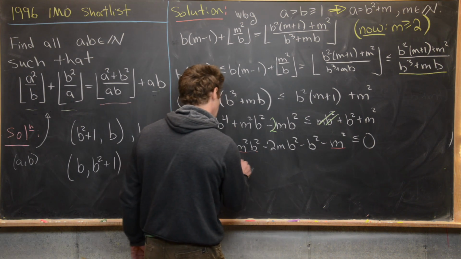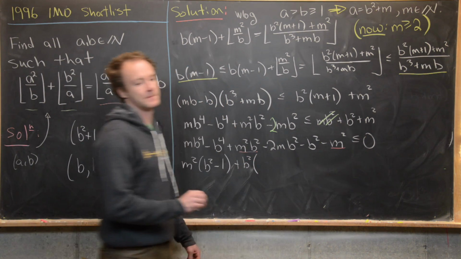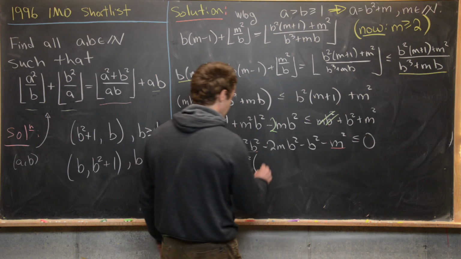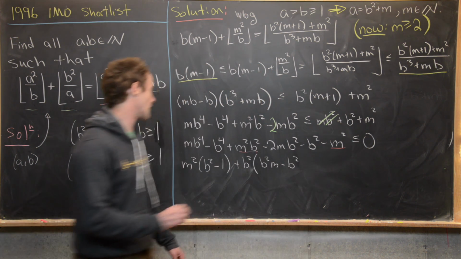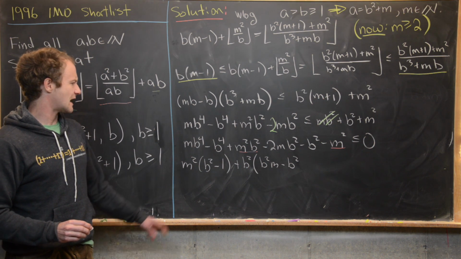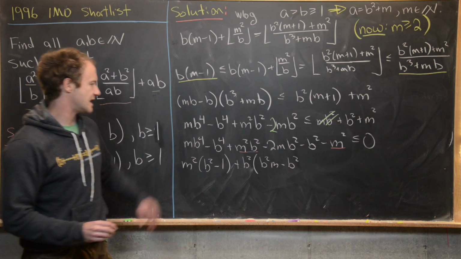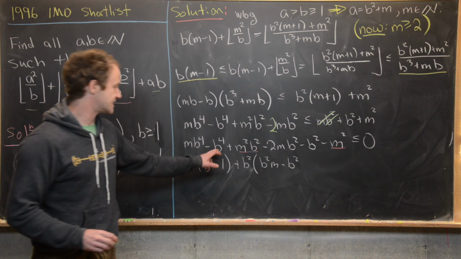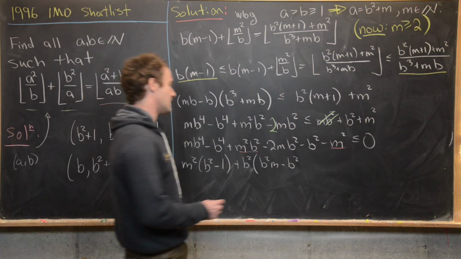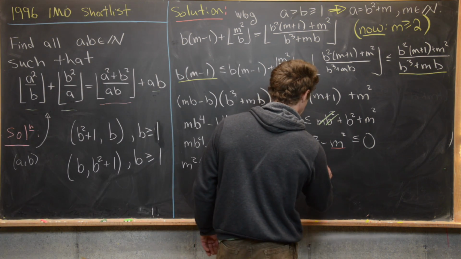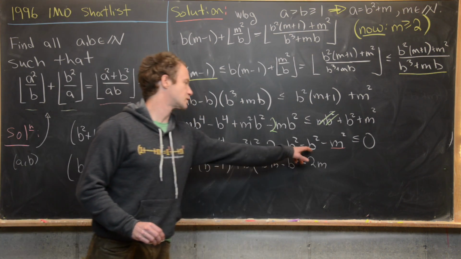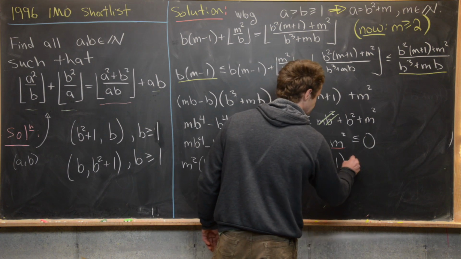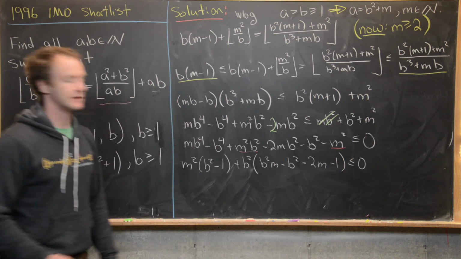So notice that we'll factor out b squared, and we'll be left with b squared m minus b squared. So that would be like this guy right here, and then this guy right here, and then minus 2m from this one right here, and then minus 1 from this one right here. So we've got that is less than or equal to 0.